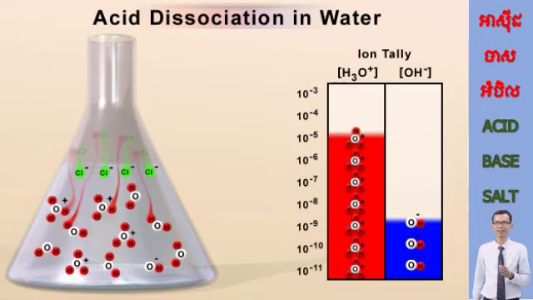Acids increase the concentration of hydronium ions and decrease the concentration of hydroxide ions in a solution. What about the effect of the chloride ion? The chloride ion has little effect on the acidity of the solution because acid-base solutions are defined entirely by their concentrations of hydronium ions.